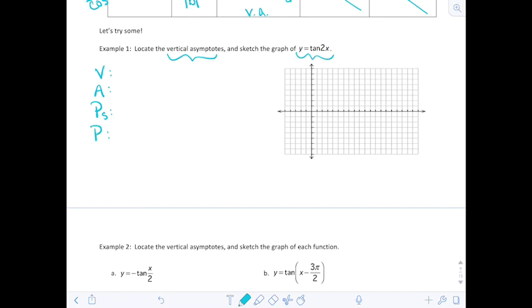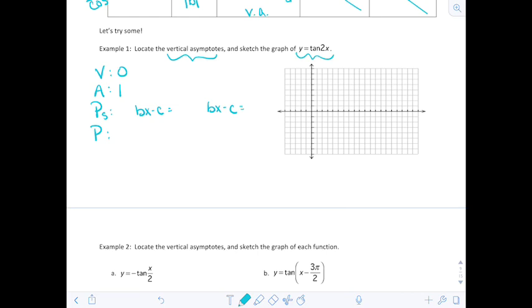There's no vertical shift. The amplitude is 1. So there's not really a top and a bottom, a crest or a trough. So the amplitude doesn't always really come into play with this, but we can always list it. For the phase shift, this is where we're going to take that bx minus c and set them equal to the first asymptote and the second asymptote that we know of for tangent.